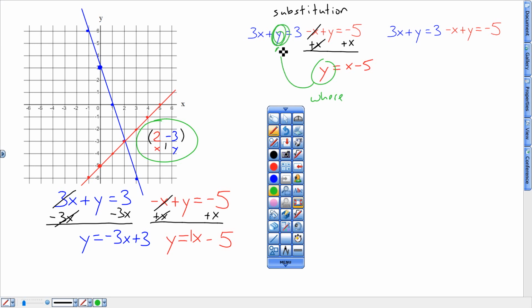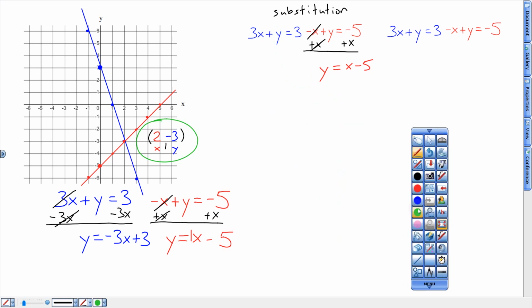Right there is where I'm substituting. And this tells me what is going right there. So where that y used to be, now there's going to be an x minus 5. I'm substituting that in there. So again, y by itself, or the variable by itself, tells you where in the other equation you're substituting. What it's solved for tells you what you're plugging in.